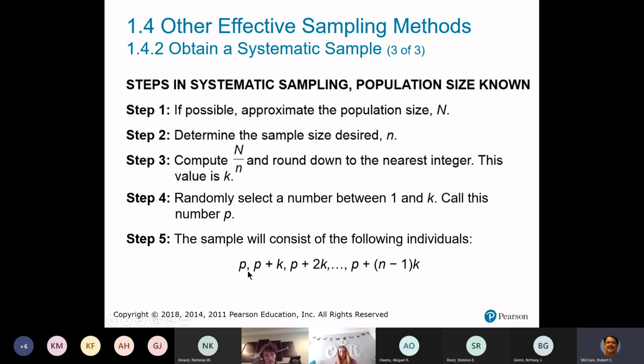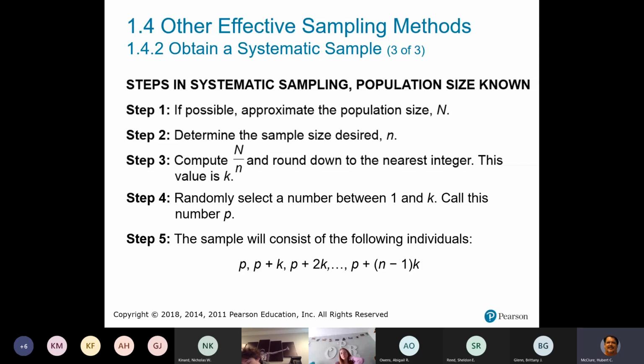P, comma, P plus K, comma, P plus 2K, comma, dot, dot, dot, and then P plus N minus 1, and we're going to do this one right now. I'm going to give you an example. Well, they're probably going to give us an example afterwards, but write that formula down, and also write K is equal to big N over little n. So write that down, and then we also need to write down P. I'm going to write all this down on one of my sheets so you'll see how it needs to be written.